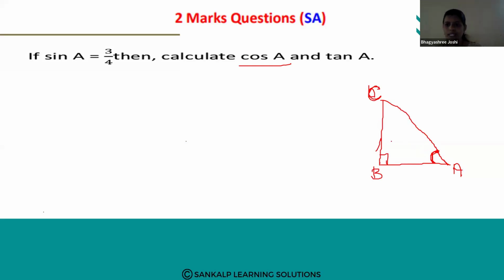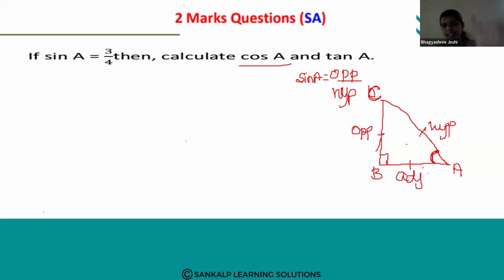Sin A is equal to opposite side divided by hypotenuse, right? So which one is the opposite side here? Angle is at A, and the opposite of that angle is BC. BC is the opposite side, and this is the adjacent side, and this is the hypotenuse.